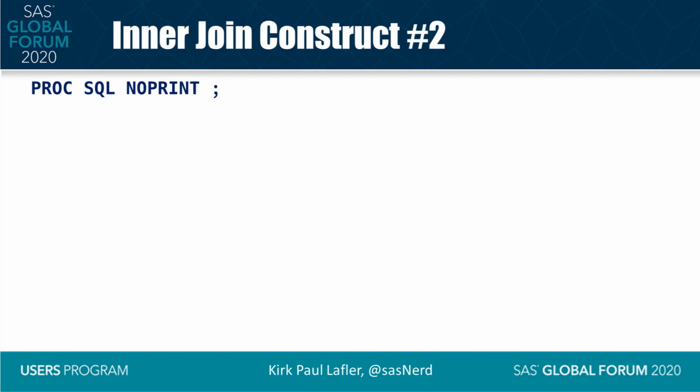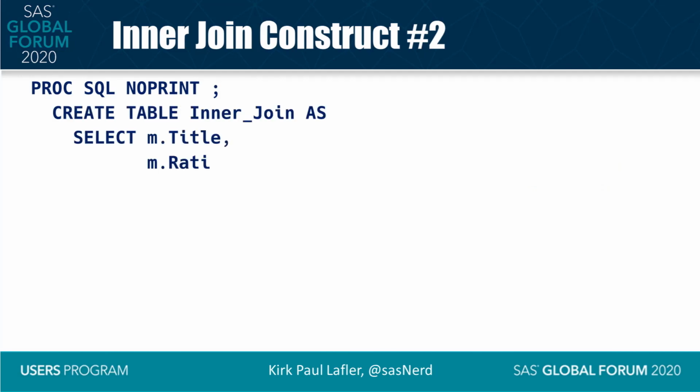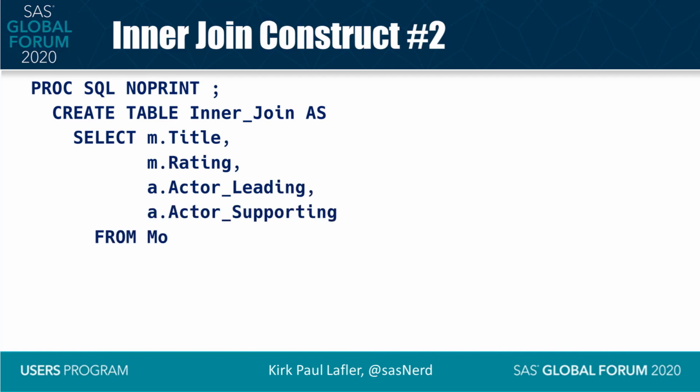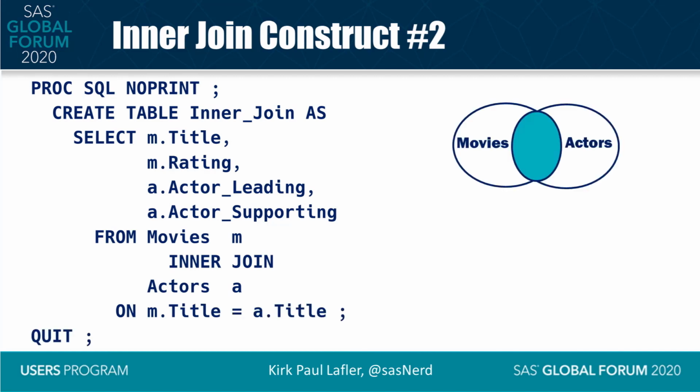In this second inner join construct, very similar, just a different way to express the inner join or the intersect. In this case, again, we're going to create a table called work.innerJoin. We're going to select the same columns or variables, title, rating, actor leading, actor supporting, from both tables, movies and actors.